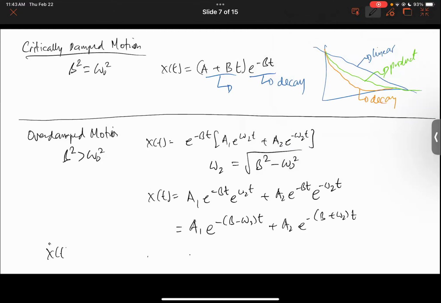If we get the derivative, then we have a1 negative beta minus omega 2 times exponential minus beta minus omega 2 t, okay, plus or minus a2 beta plus omega 2 times exponential minus beta plus omega 2 t. Okay.